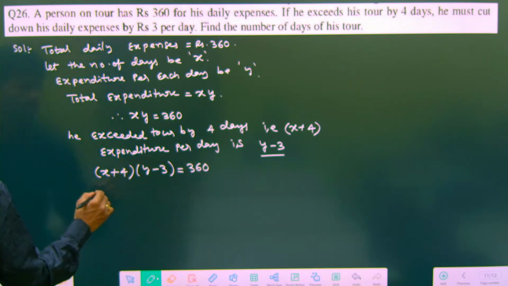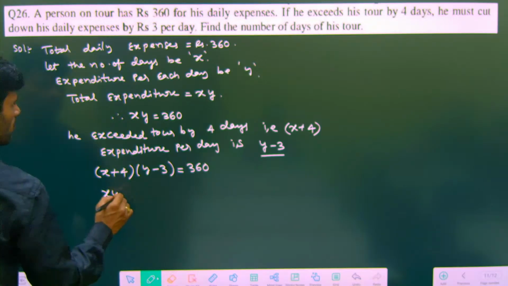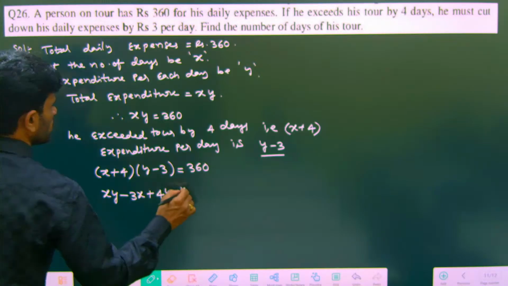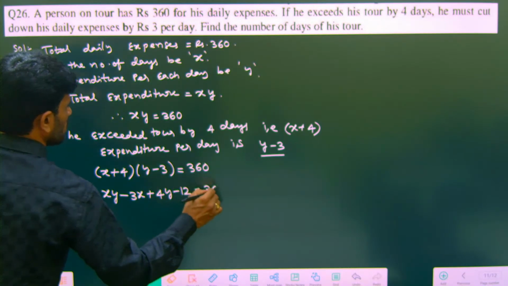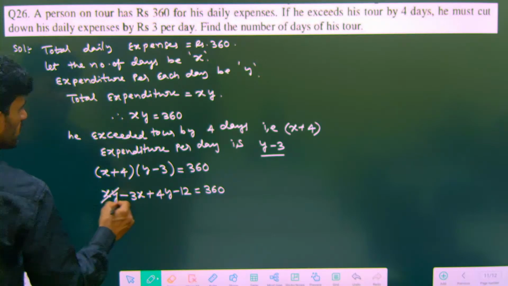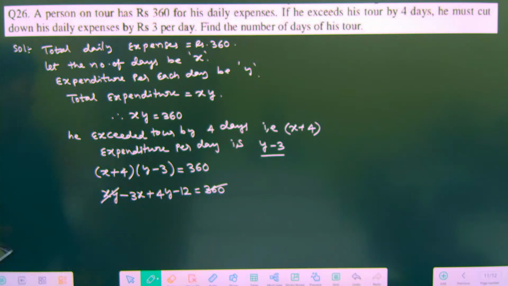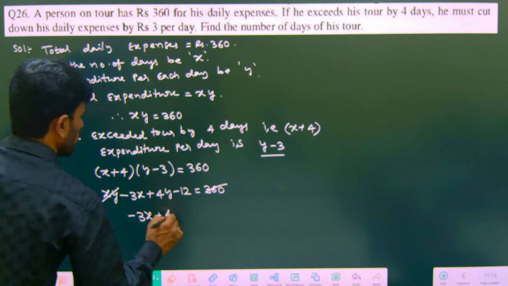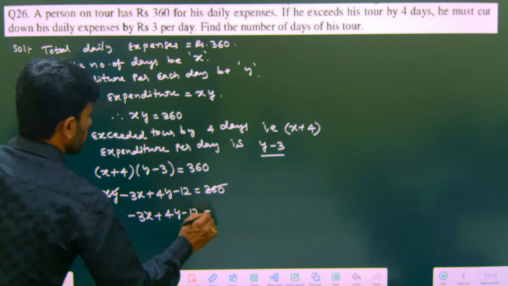You multiply this again: xy minus 3x plus 4y minus 12 is equal to 360. So this 360 and that one both will be cancelled. Now what will it be? Minus 3x plus 4y minus 12 is equal to 0.